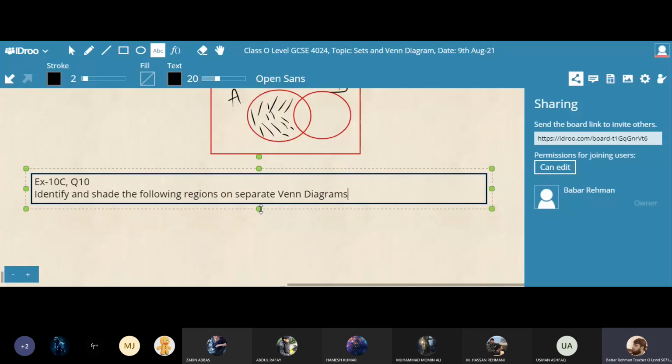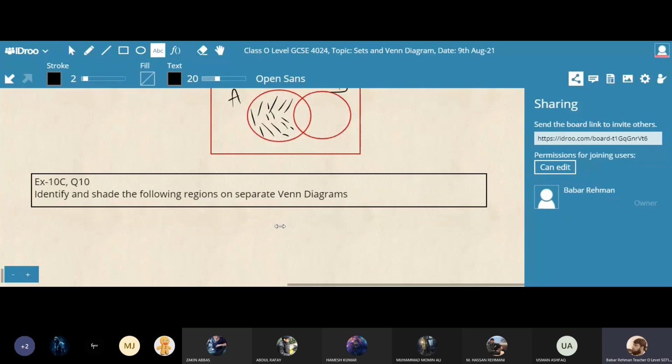Okay. Let me write what those parts are for you. K intersection L. Second one, K union L. Third one, K union L whole complement.